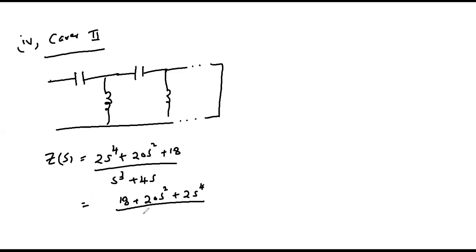We divide this into 4s plus s^3. Then we write this in continued fraction expansion as 18 plus 20s^2 plus 2s^4, and we divide this into 4s plus s^3.